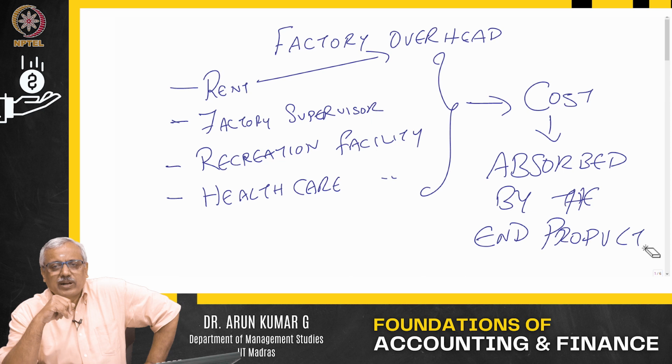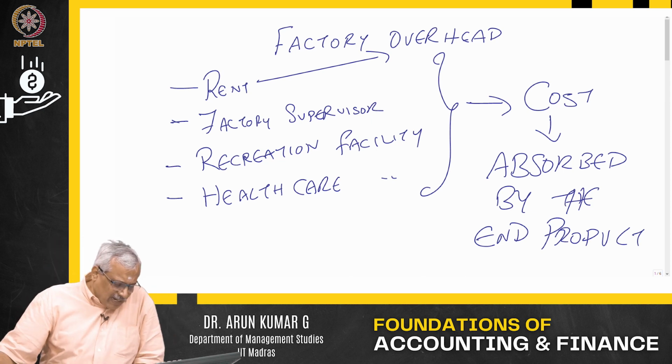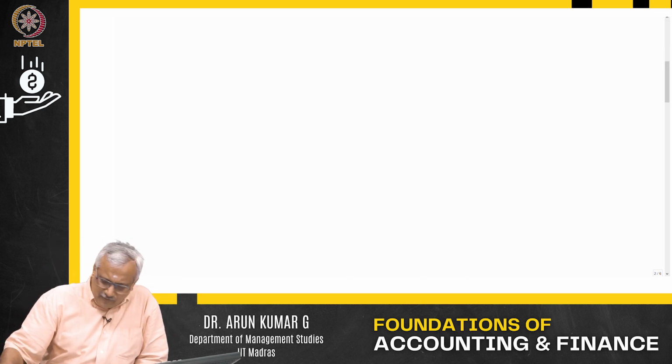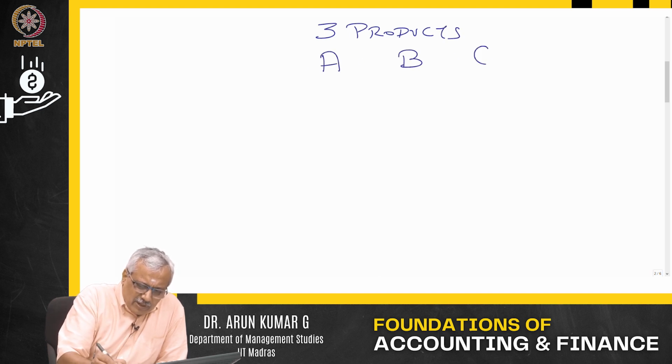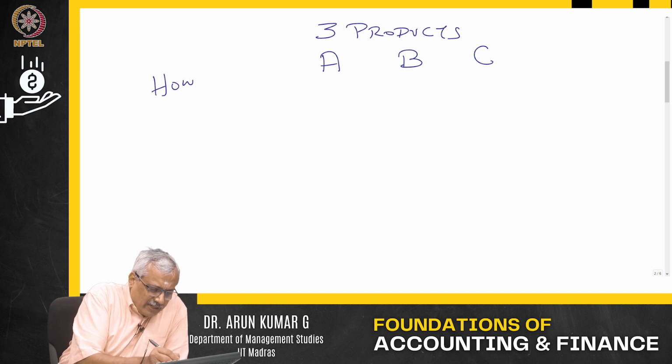Single company, single product. Now, imagine a company which manufactures 3 products: product A, product B and product C. Now, the question is how do I divide the cost?